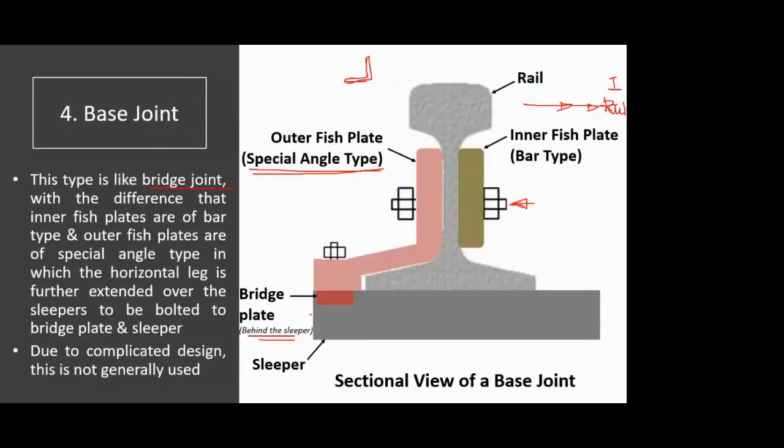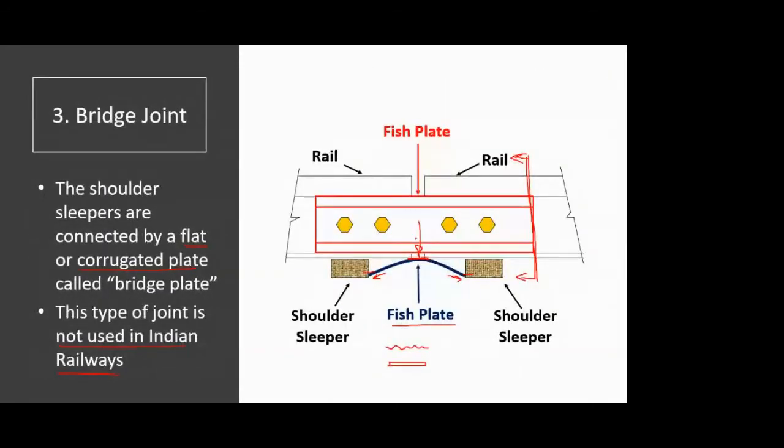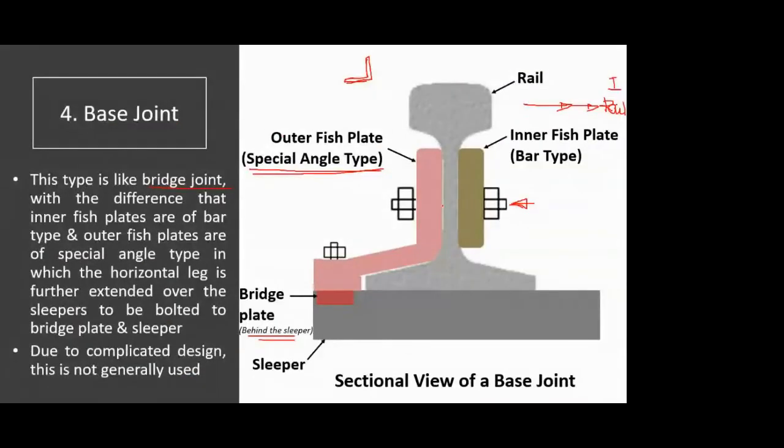So the bridge plate will obviously be behind the sleeper, but the angle or leg of this outer fish plate will be connected both to the plate as well as to the sleeper. So you will have a bolted connection here, as well as a bolting over here. So that's a base joint.